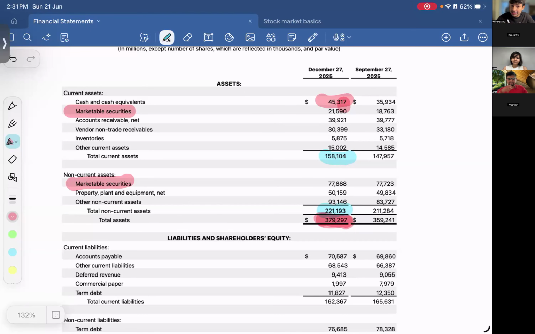So marketable securities also comes up under non-current assets, which is funny to me because I have really usually not seen the same header come up both in current assets and in non-current assets. Sorry. I'm assuming that's probably a blunder. Doesn't matter.